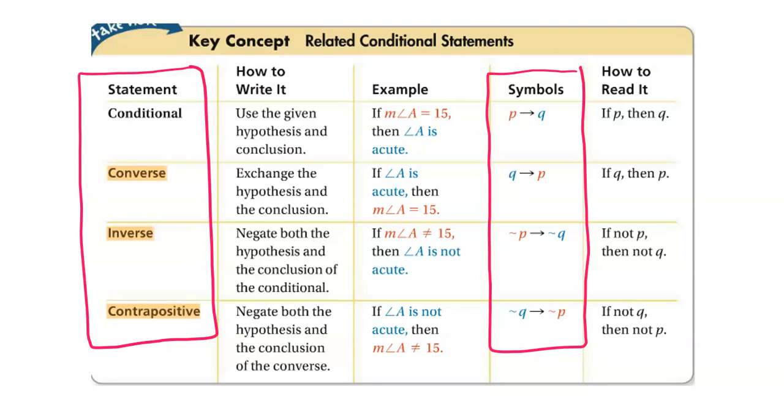So the first one, the conditional, is just your basic if-then statement. If P, then Q. Your converse is if Q, then P. So basically you are taking the order that it was in the original conditional and switching the order. And we'll look at some examples so you know where these are coming from.